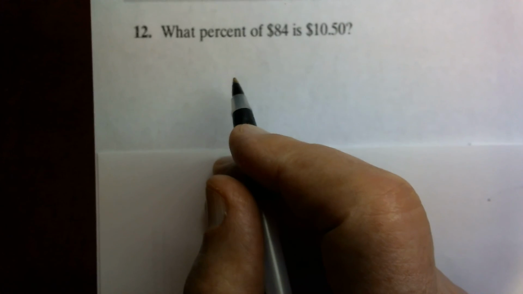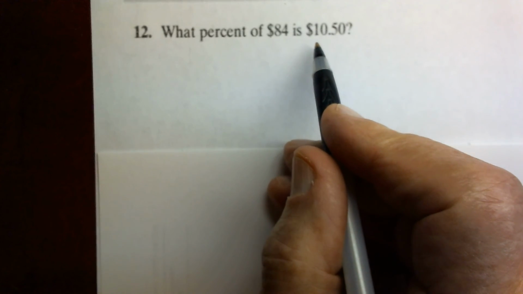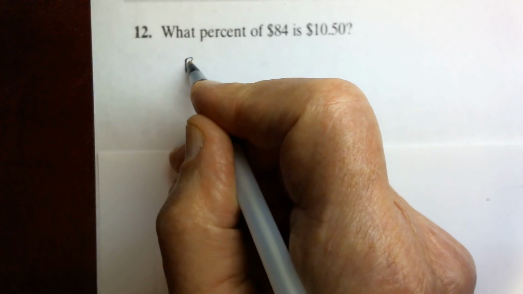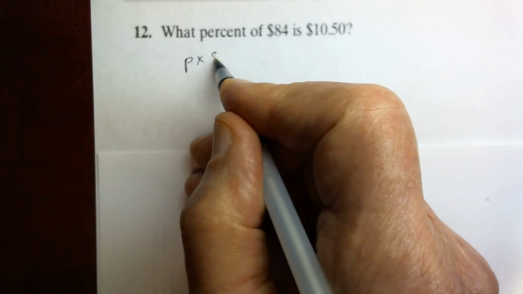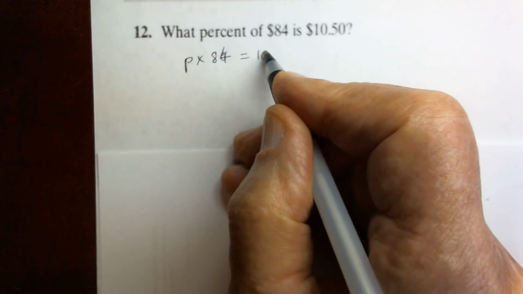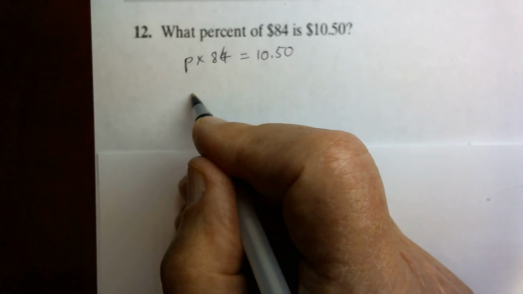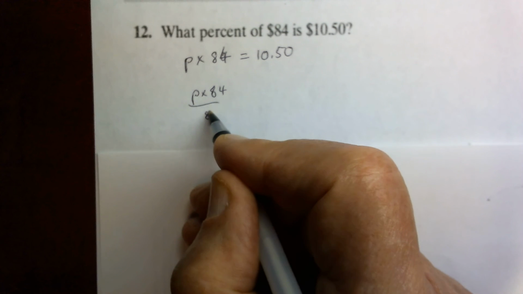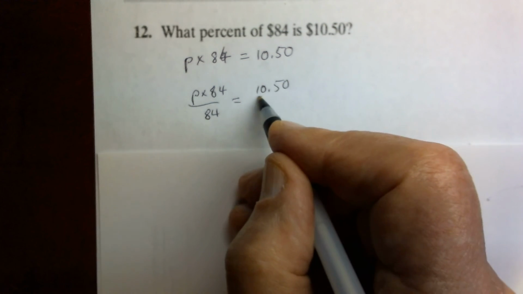For number 12, we set up the equation this way. What percent of $84 is $10.50? So we say P for percent, of course this is multiplication, 84 equals 10.50. To isolate P, we divide both sides by 84. $10.50 divided by 84.